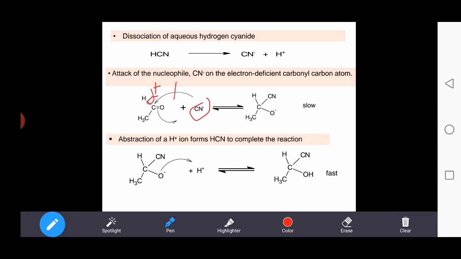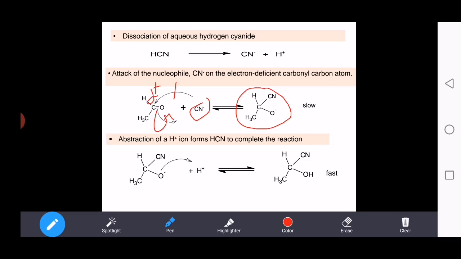So apa yang berlaku? Ini pertama sekali benda ni yang berlaku. Cyanide ion dia akan attack that carbon and then pi electron between carbon dengan oksigen dia akan pergi dekat oksigen. Misalnya arrow tu sepatutnya pergi dekat oksigen. So akan produce this one. Okay, so this step dia berlaku slow.